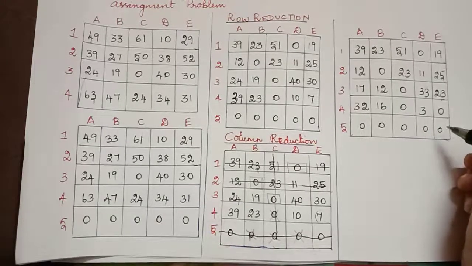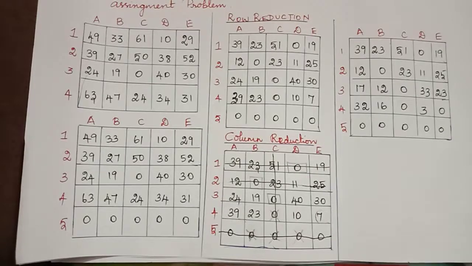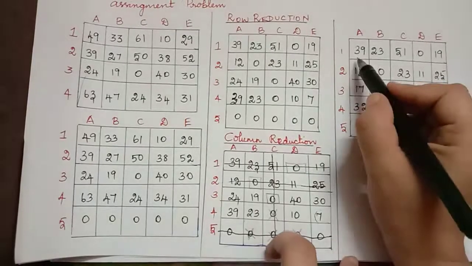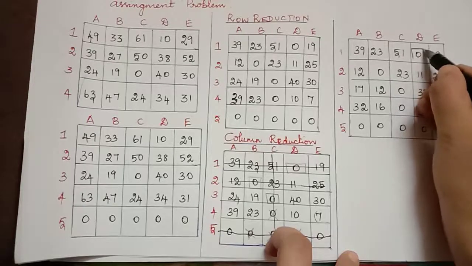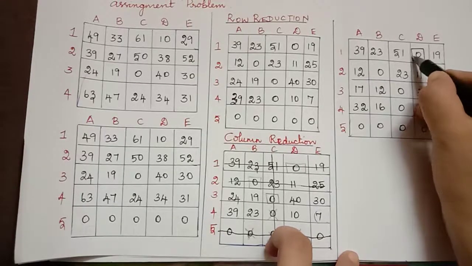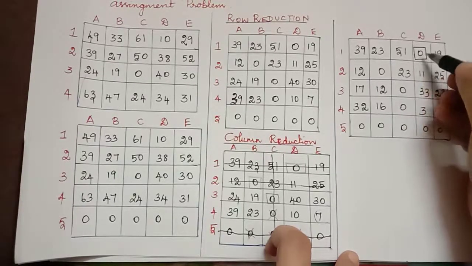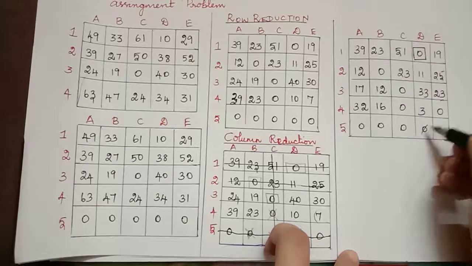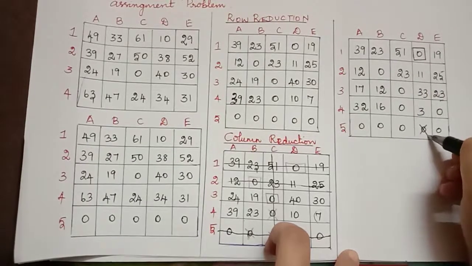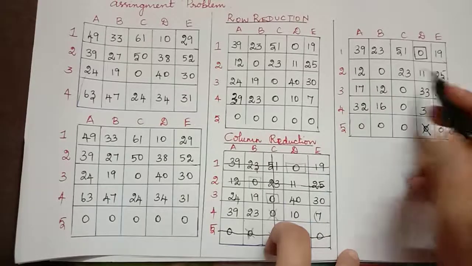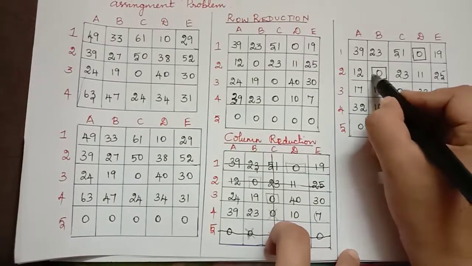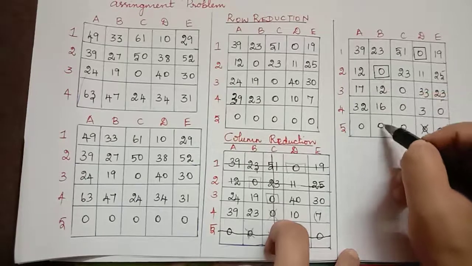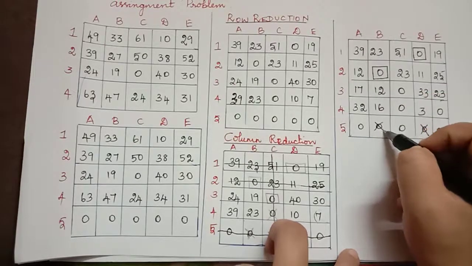Now after this, we have to start selecting the zeros. If we see in the first row there is a single 0, so we have to select that 0. When we make that selection, we have to cross out the 0 in the corresponding column. Then in the second row there is only one single 0, so let us select it, and when we do that, let's cross out the corresponding 0 in that column.